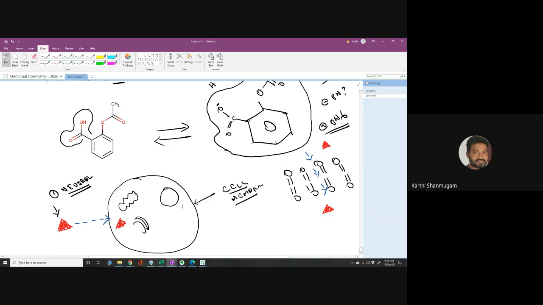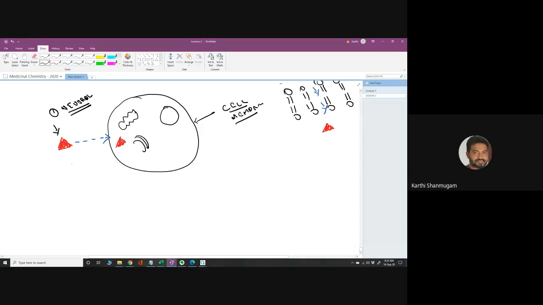I will make a simple illustration here for your understanding. I have two molecules here, one is the red color molecule, another one is the black color molecule. The black color molecule is in its charged form. Which of these two molecules can enter the cell?